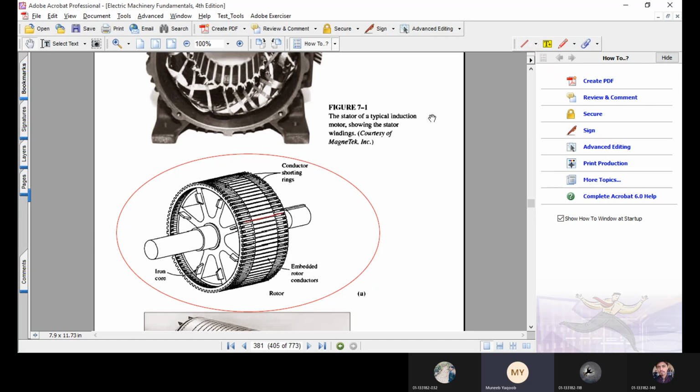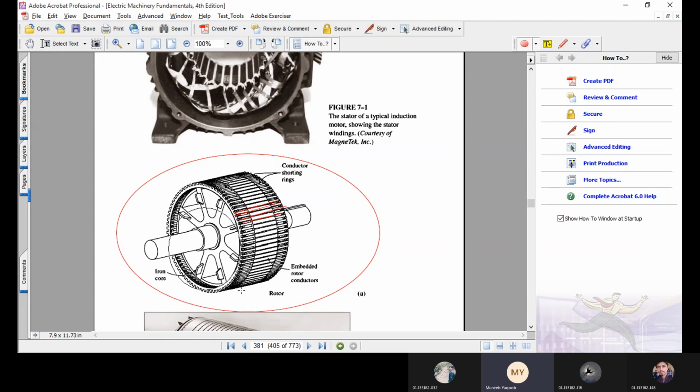For example, first conductor, second conductor, third conductor, and similarly the fourth conductor. These are a series of conductors that are short-circuited at both ends by two short-circuiting rings.